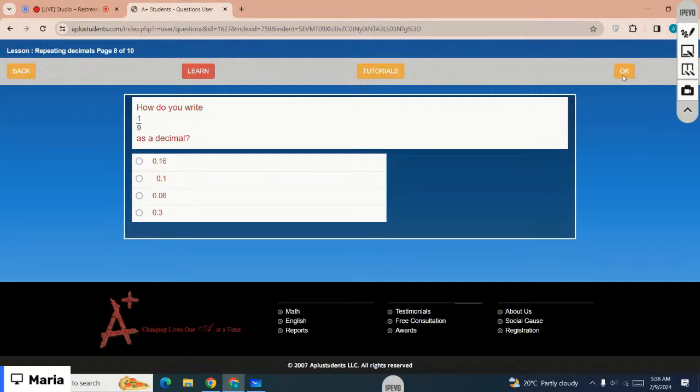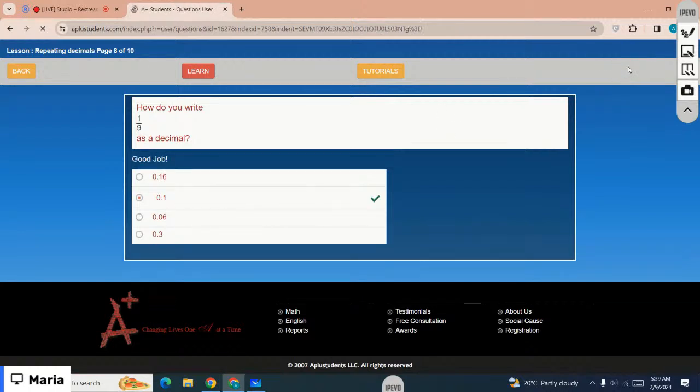So which is the correct option? 1 by 9 equals, yes, that is 0.1. Got it?